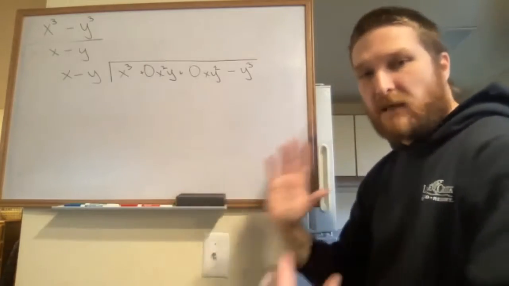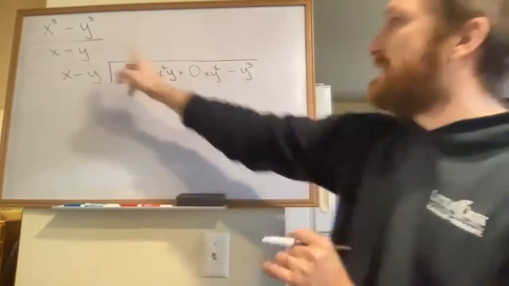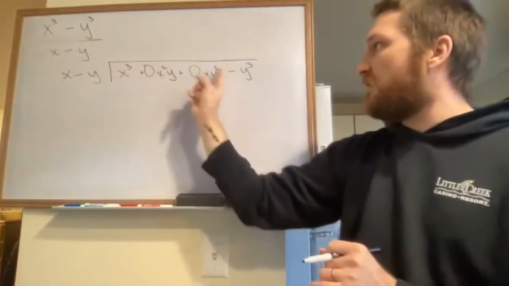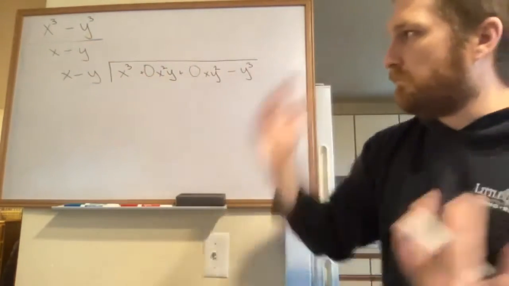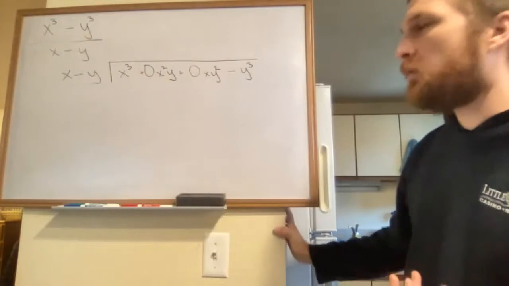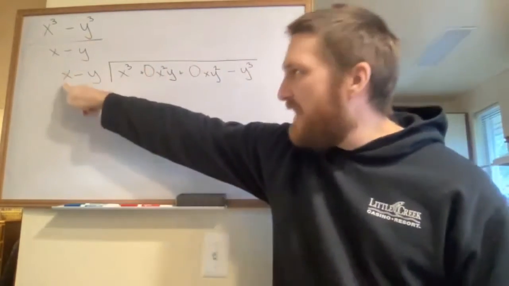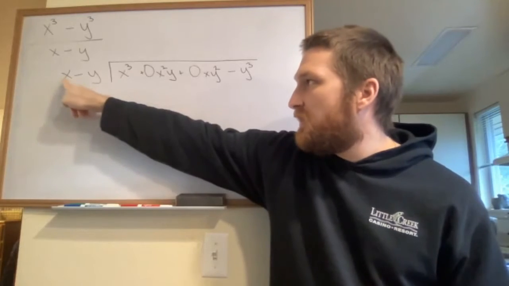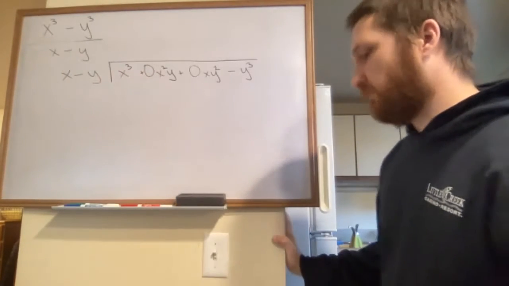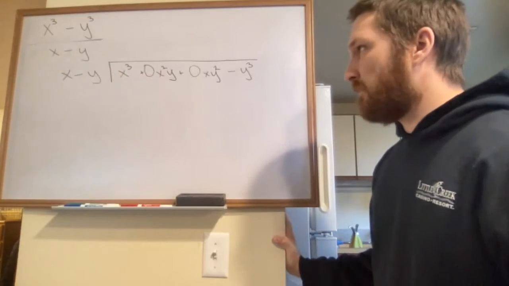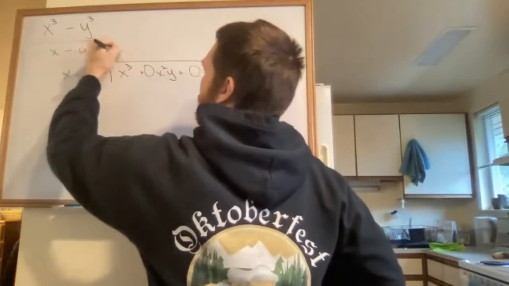And I could double check that what we've written here is in fact the same thing. I've just accounted for these two missing terms right here. It should be pretty straightforward from here on out. What do I need to multiply that number by to give me that number right there? x squared. So I'm going to put my x squared on top.